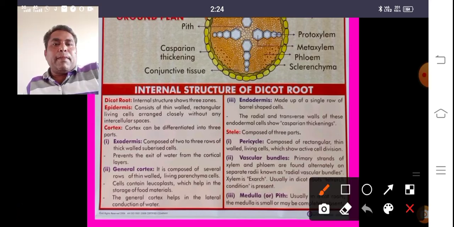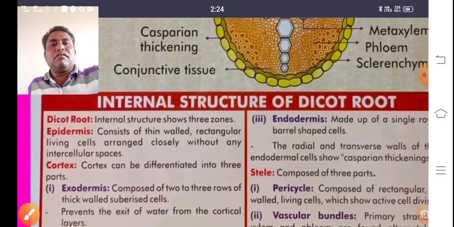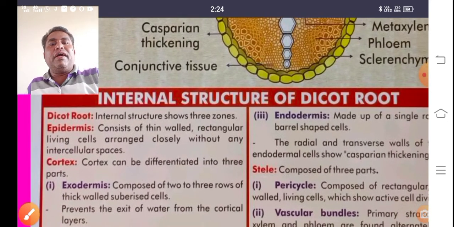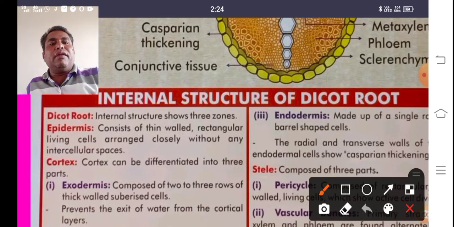Now the epidermis consists of thin-walled rectangular living cells arranged closely without any intercellular space.